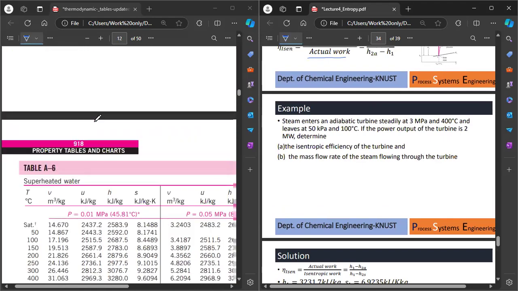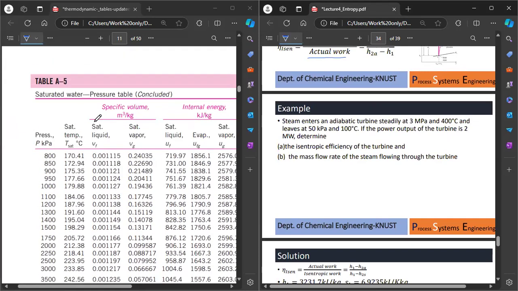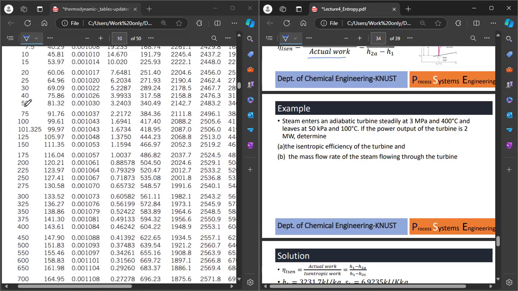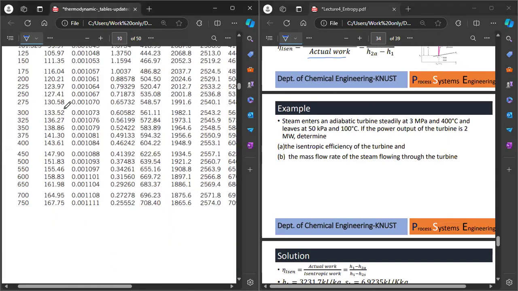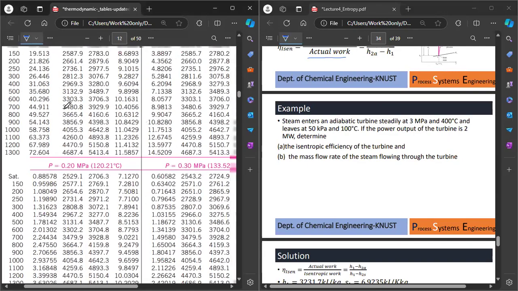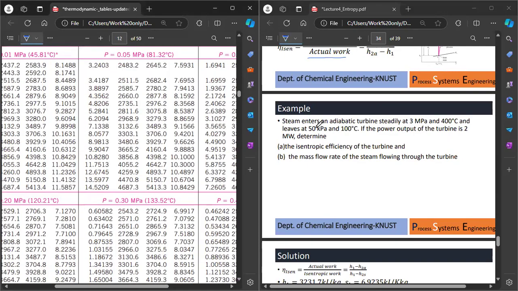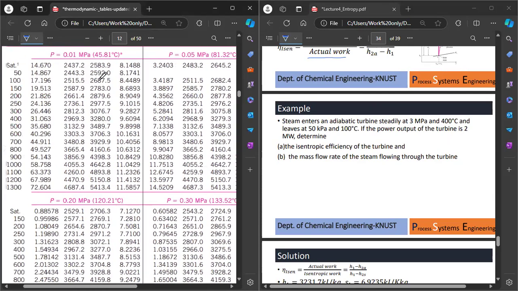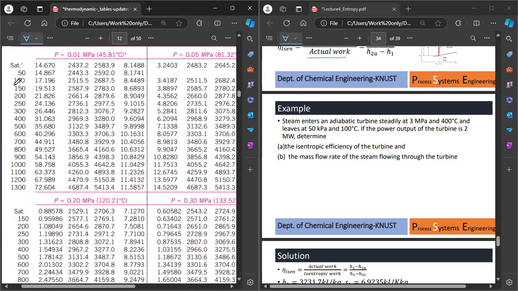So if we go and check for 50 kilopascal over here, right, 100 degrees Celsius is higher than the saturation temperature that they have. So it means it's superheated. So we'll go back to the superheated table. So 50 kilopascal is the same as 0.05 megapascal. So I'm going to read at 100 degrees Celsius.